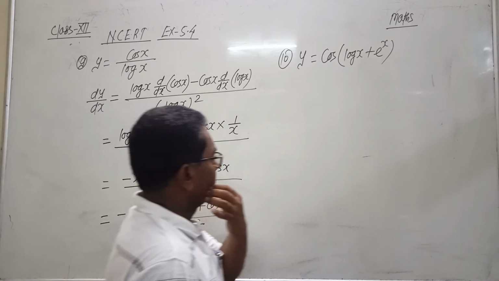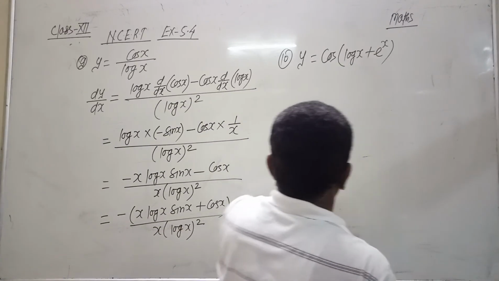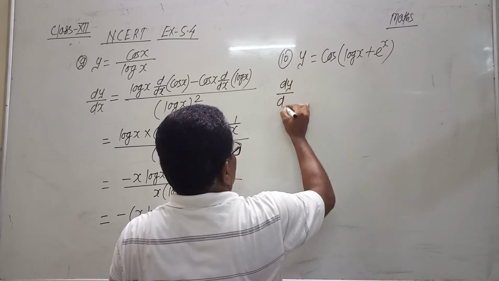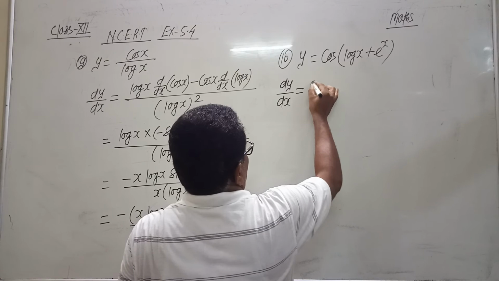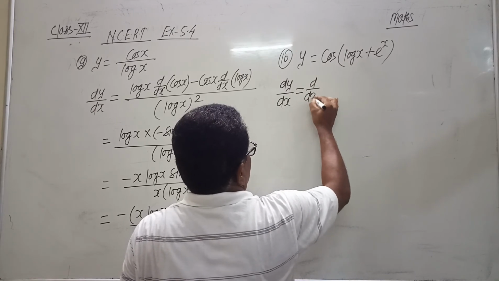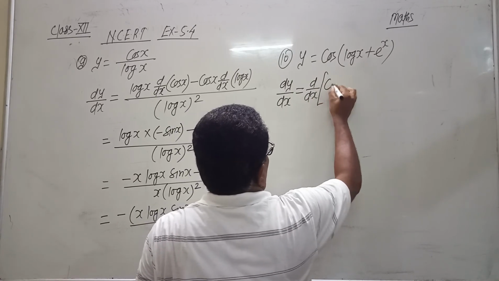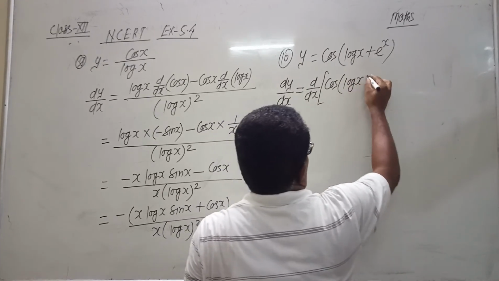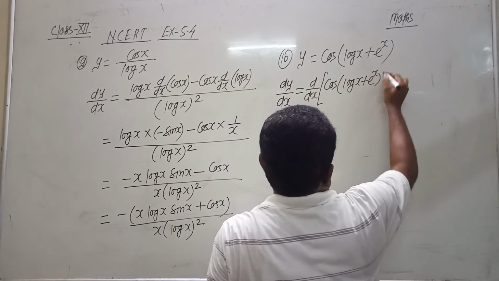So first we will differentiate the whole term, and differentiation of y, dy by dx, is written as d by dx of cos of log x plus e raised to the power x.